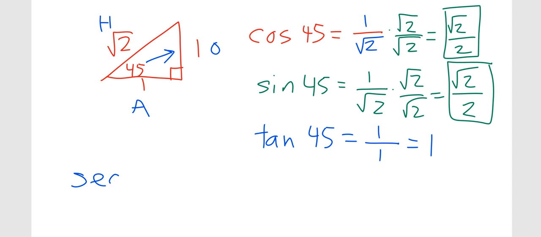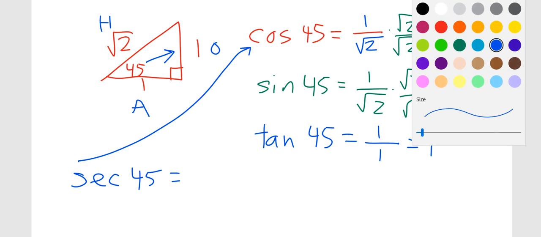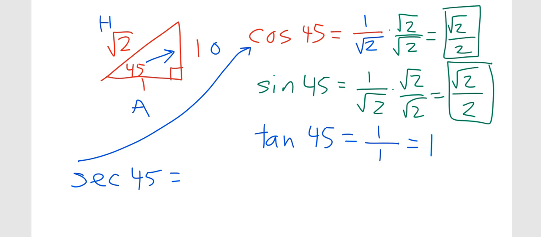Alright, now secant of 45. Secant goes with which trig function? It goes with the cosine. So here's my question to you. Which one of the purple boxes I'm drawing right now would be the easiest to find the reciprocal of?